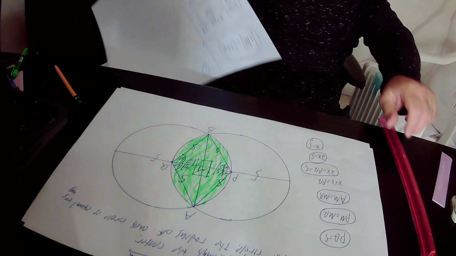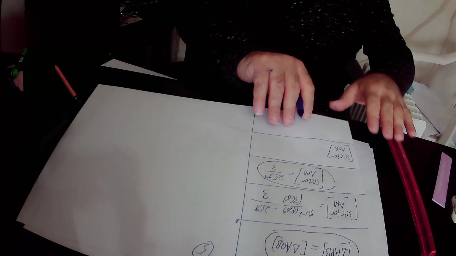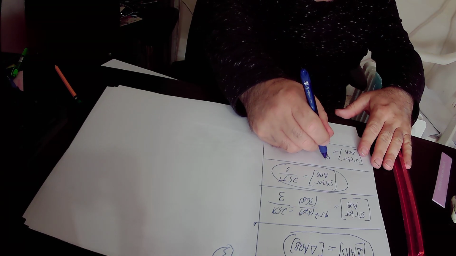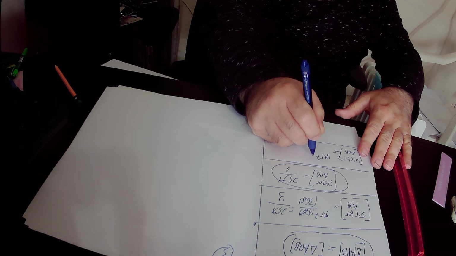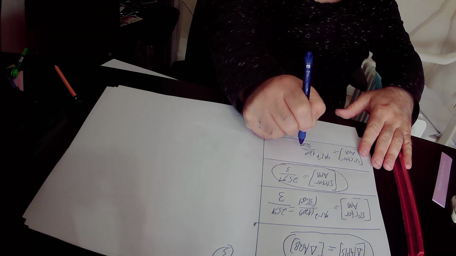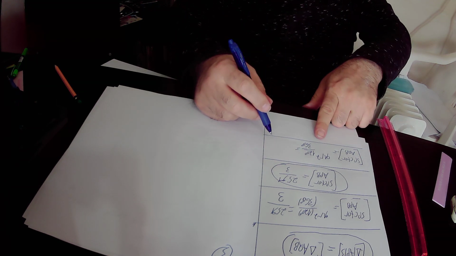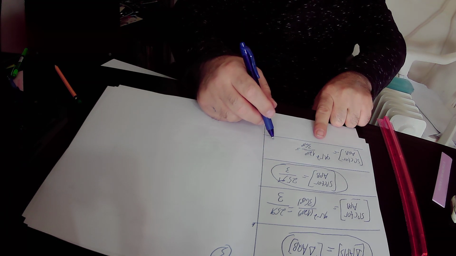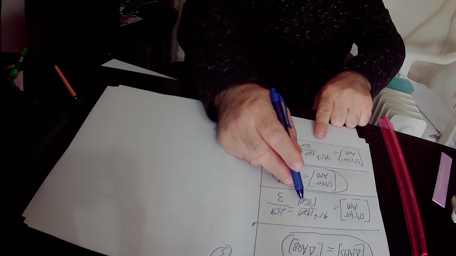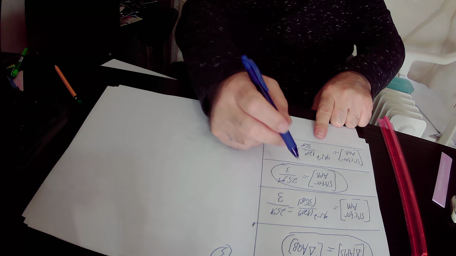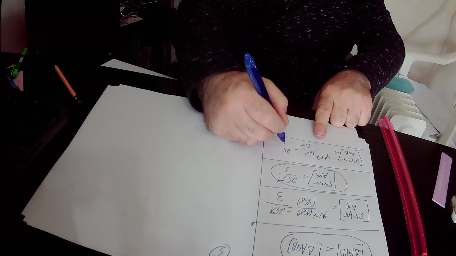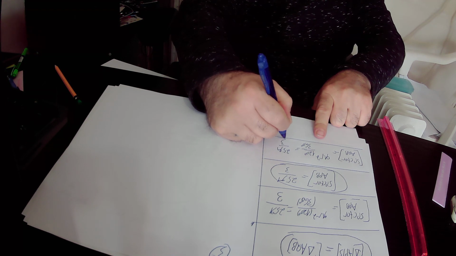Again, it has exactly the same expression as the area of sector APB, therefore it will also be equal to 25 pi over 3 square units.